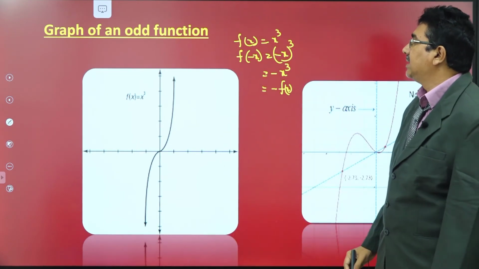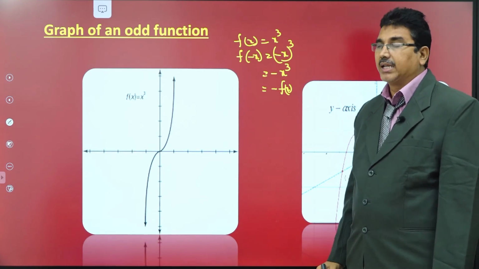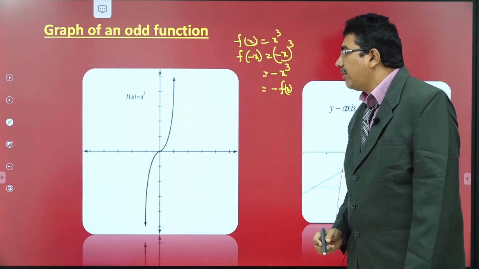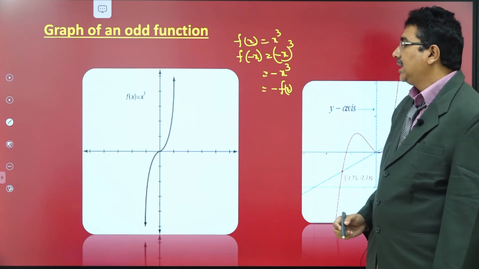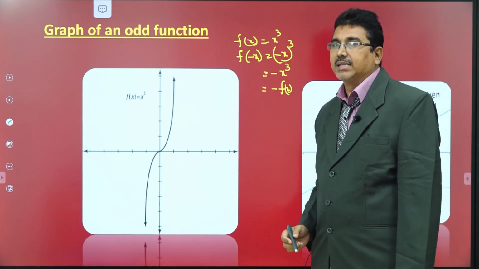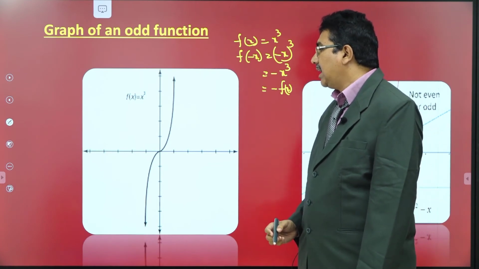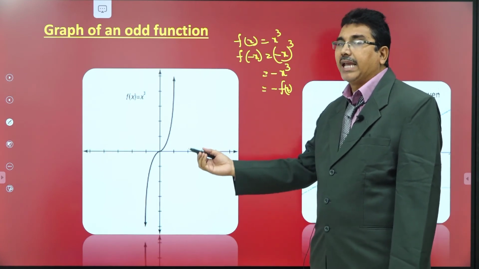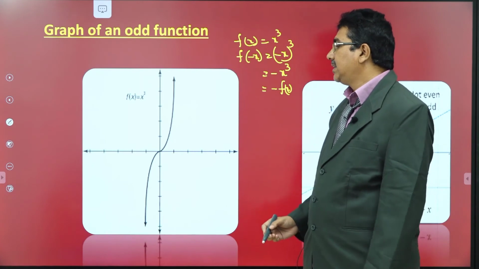Therefore, this is an odd function. See the graph of an odd function. This graph is symmetrical about the origin, or symmetric about the quadrants.